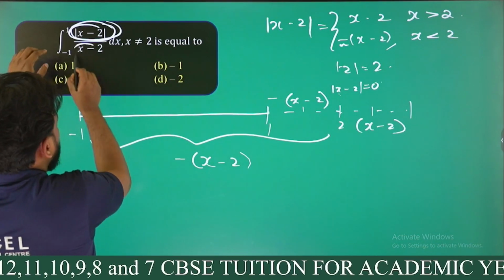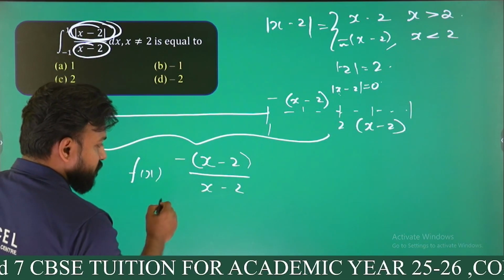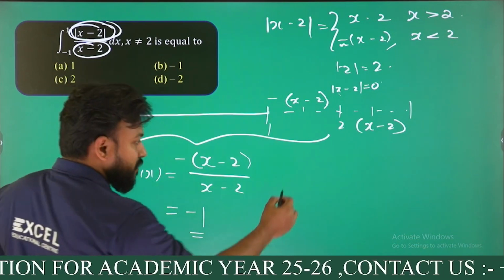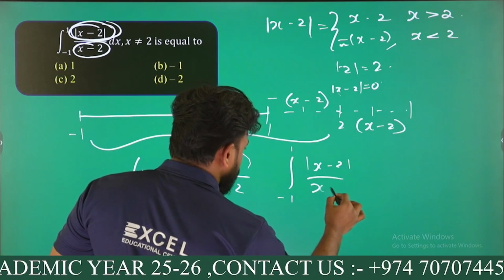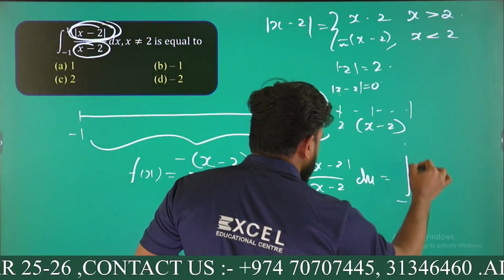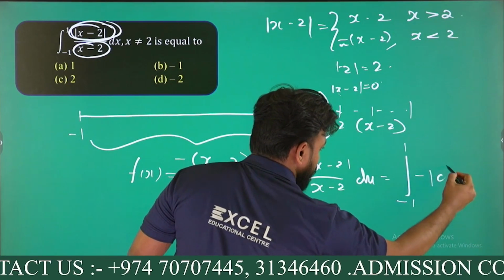So on this side, the function is minus of x minus 2. But your function has a denominator x minus 2. So this is your f of x. So actually your function is minus 1. Ready? So integral from minus 1 to 1 of mod of x minus 2 by x minus 2 dx can be written as integral from minus 1 to 1, and in this interval your function is just minus 1 dx.